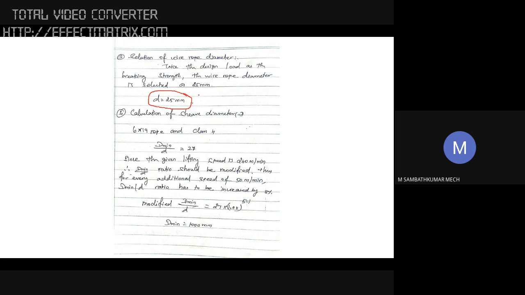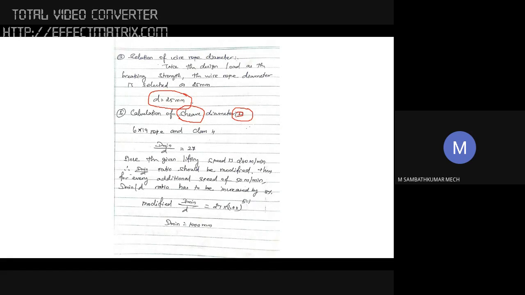The next step is calculation of sheave diameter or drum diameter. Sheave is equal to drum. The wire ropes are wound on the sheave or drum, so you should calculate the drum diameter. The small d is the rope diameter and the capital D is the drum diameter or sheave diameter.